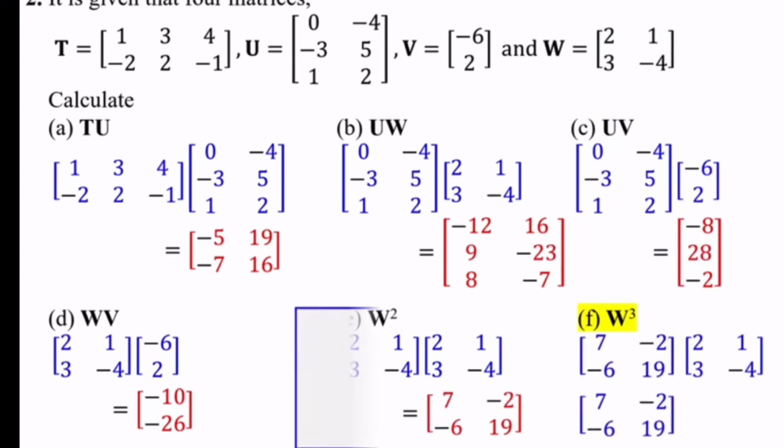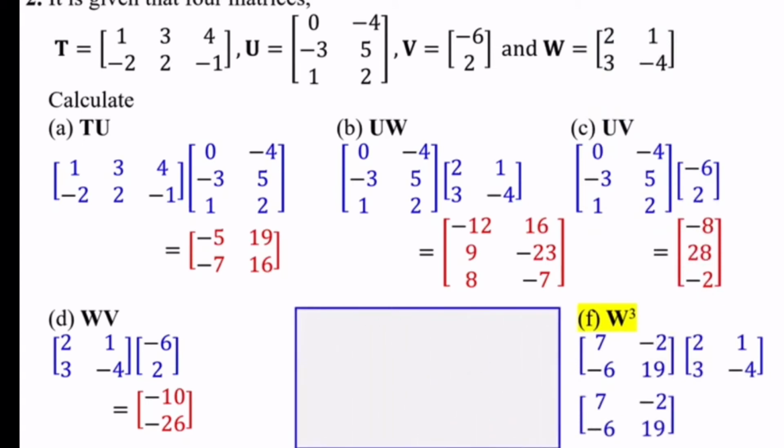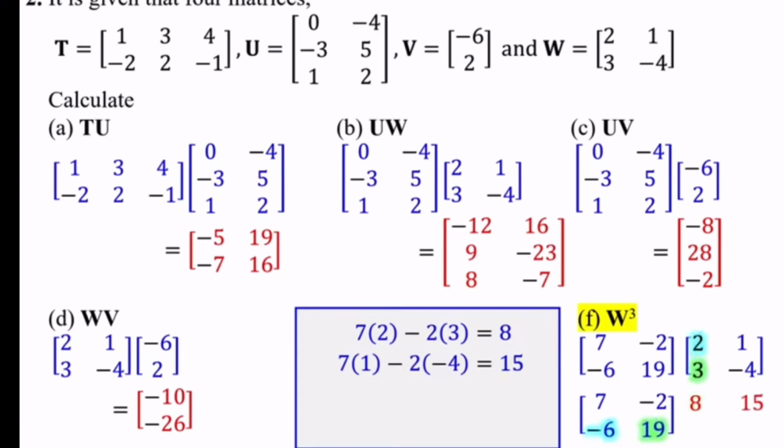So we would actually multiply 7 times 2 plus negative 2 times 3, right? So we'll get the answer, which is 8, followed by 7 times 1 plus negative 2 times negative 4, which is, okay, 15. Then we'll take negative 6 times 2 plus 19 times 3.